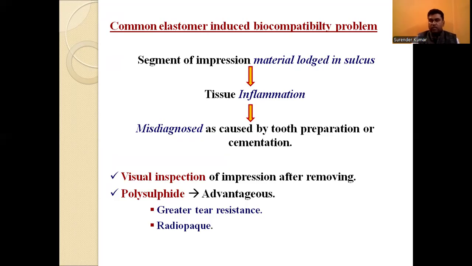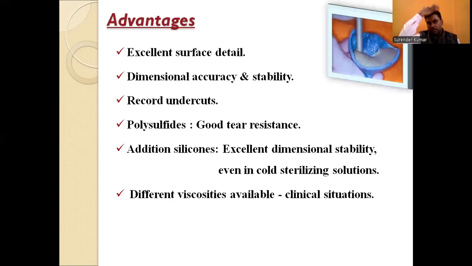We should always see if any impression material is fractured or broken from the tray, and if it is placed inside the mouth between the tissues or in the sulcus, it should be removed immediately. In these cases, polysulfide has the advantage as it has greater tear resistance and is also radiopaque, so it can be seen in the X-ray.